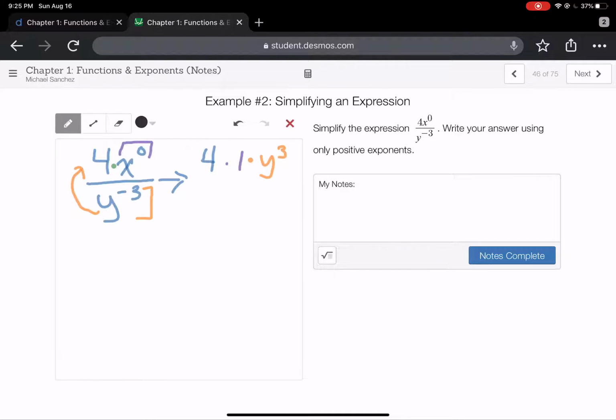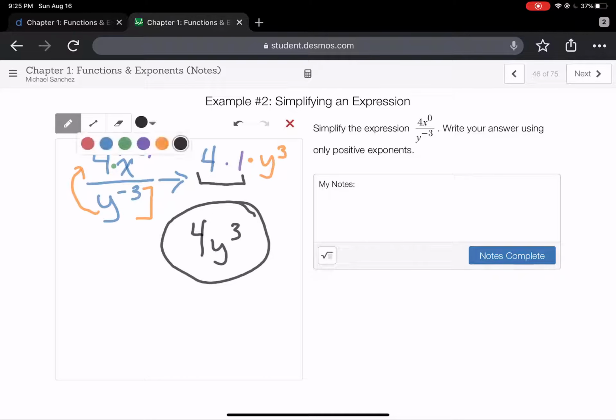The stuff that I can multiply, 4 times 1, and then the stuff that is left over. So this is my fully simplified expression using only positive exponents. There's nothing else I can multiply. I can't multiply 4 and y because I don't know what y is. And this is my final result.